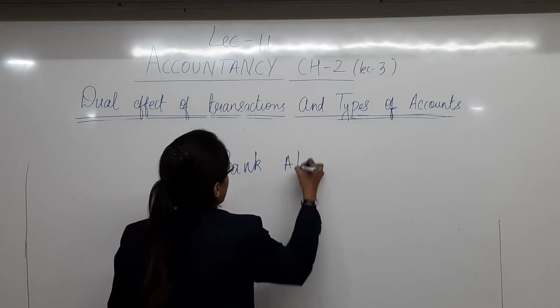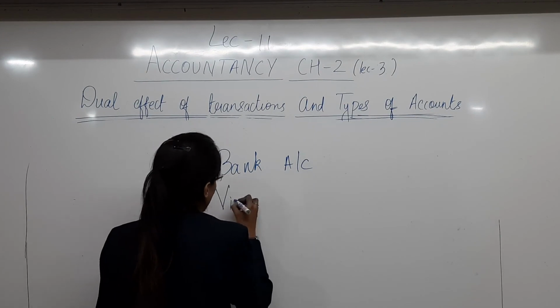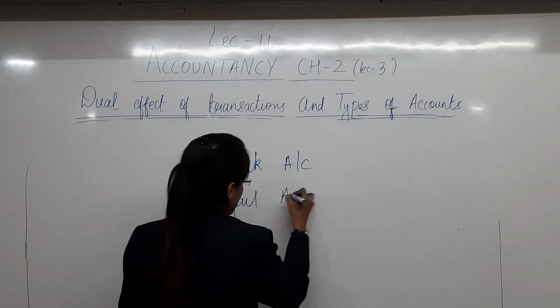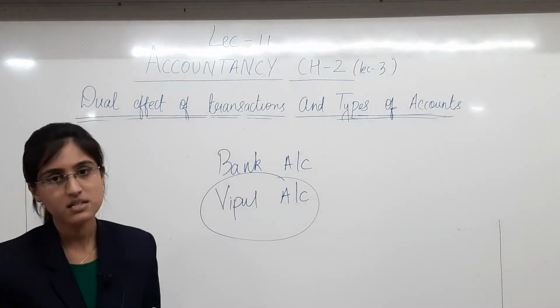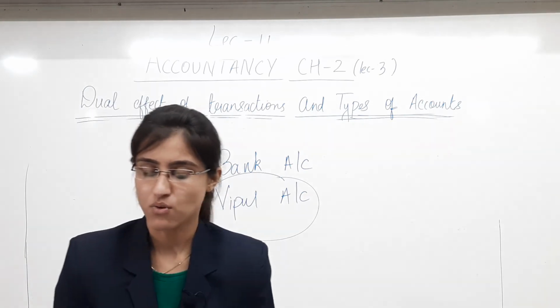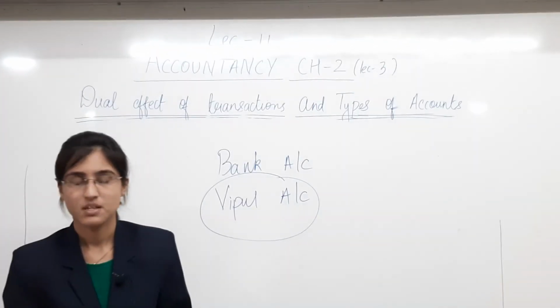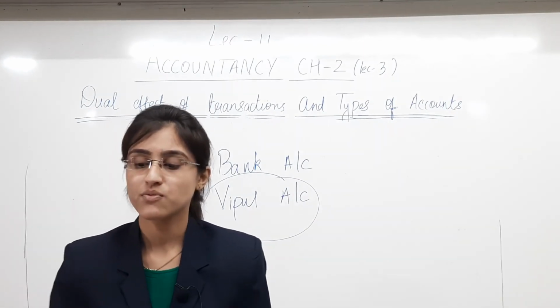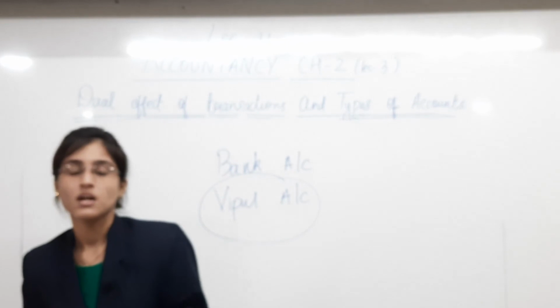So the two effects for this transaction are bank account and Vipul account, of course, the person who is giving the check. So these are the two effects for the last transaction.